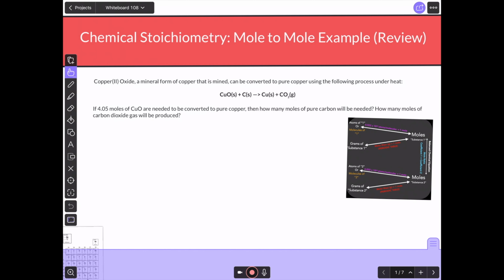And the first kind of problem we're going to do is the mole-to-mole stoichiometry problems. This is a review because we've already tackled this in the previous lesson. However, we're reviewing it because in any type of stoichiometry problem, you always have to do at least one mole-to-mole conversion.